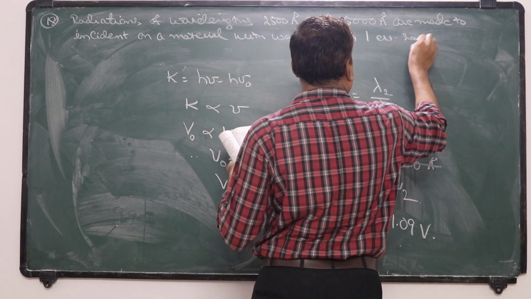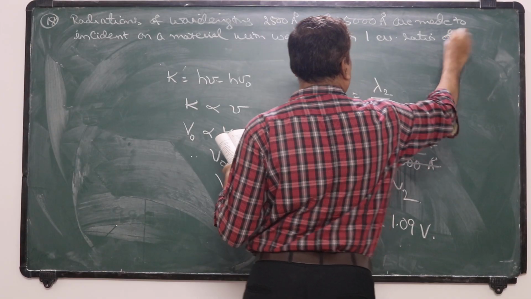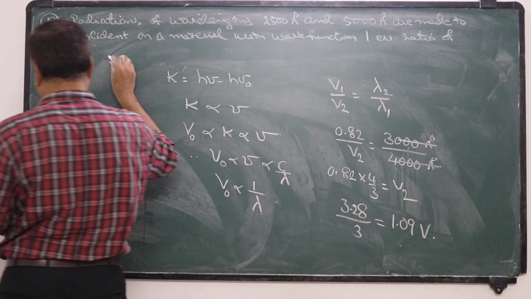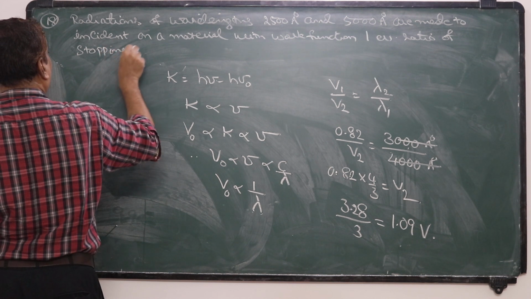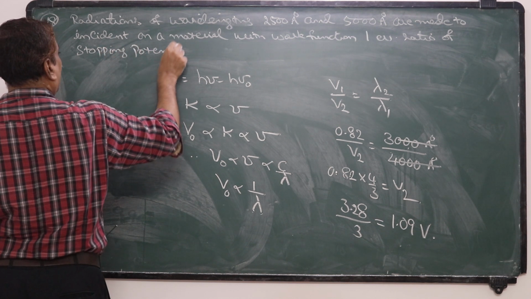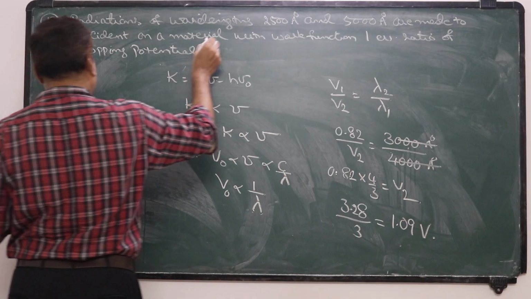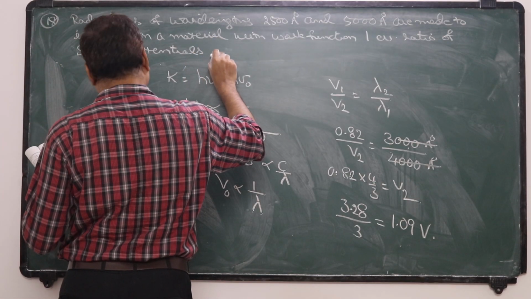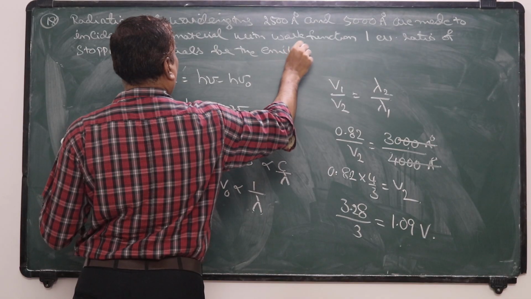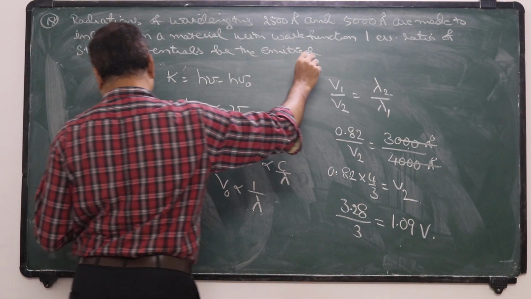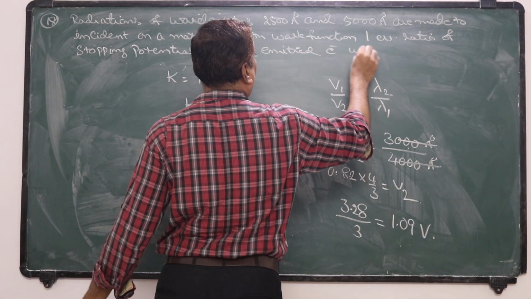The ratio of stopping potentials for the emitted electrons will be?